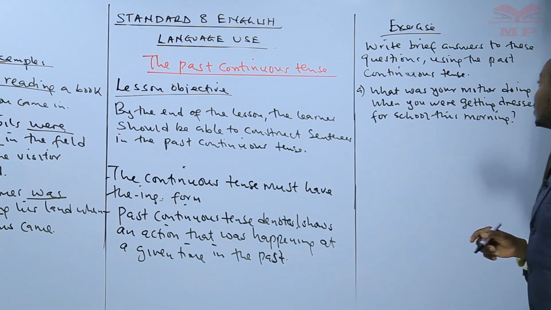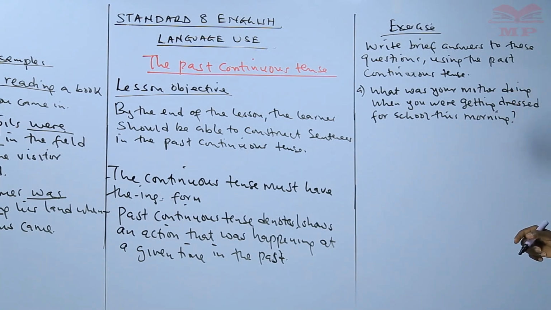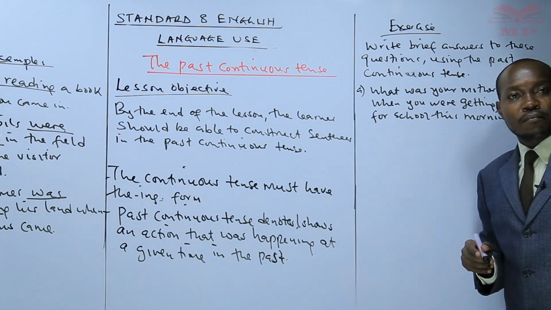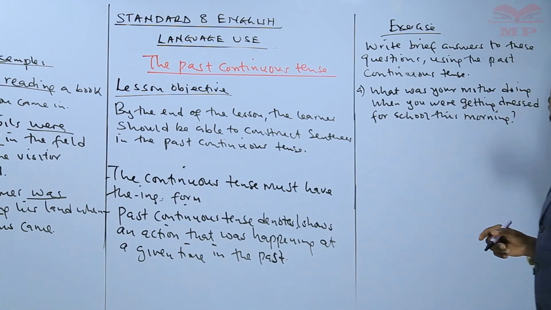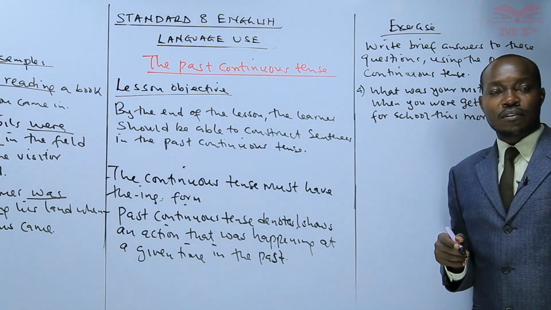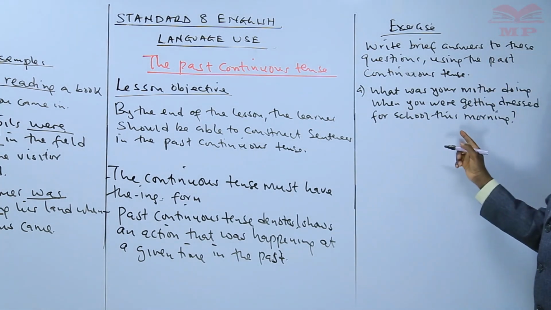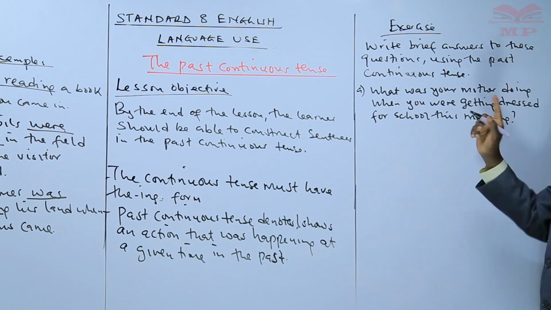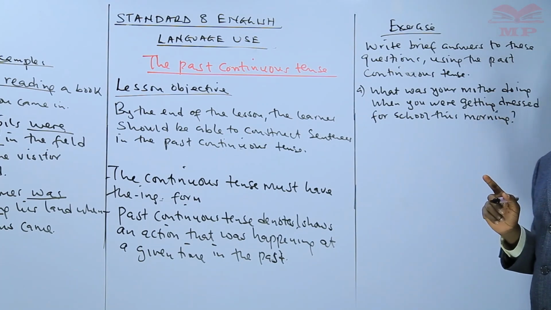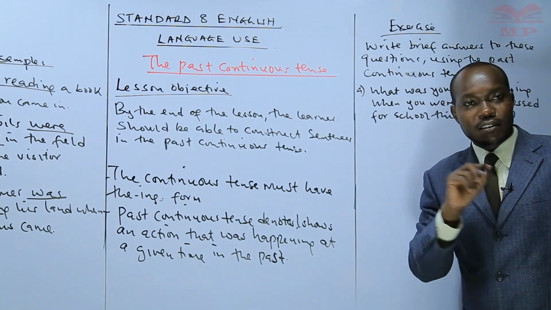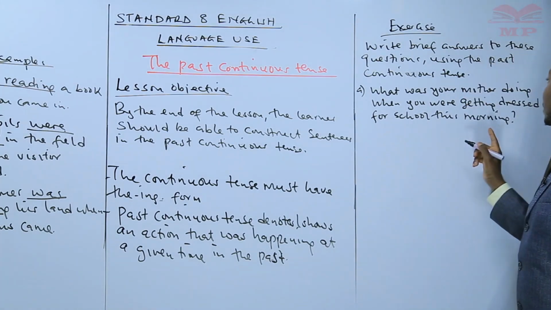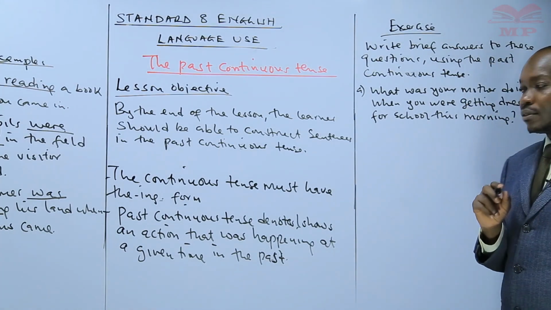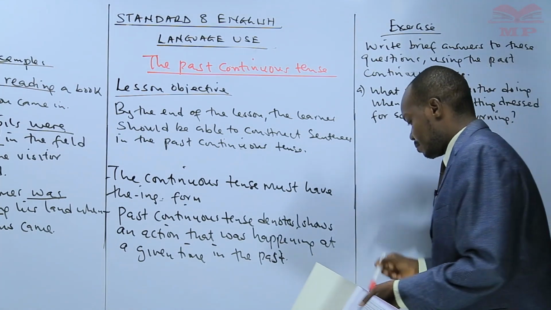What was your mother doing when you were getting dressed for school this morning? So I'm going to write an answer to this using the past continuous tense, something like this. My mother was preparing breakfast when I was dressing for school this morning. So this will be the answer.